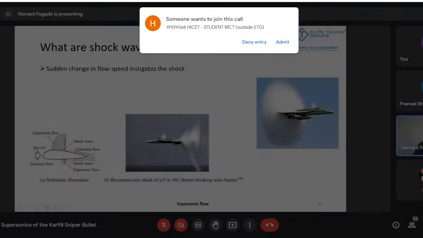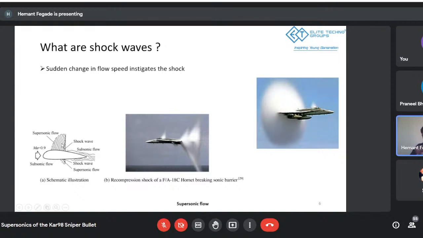But when you are transitioning and your speed changes, the shock waves that are generated above and below the structure or the bullet tend to change their location, and due to that, your object would try to oscillate in midair.